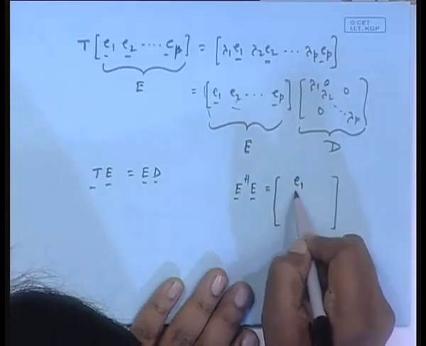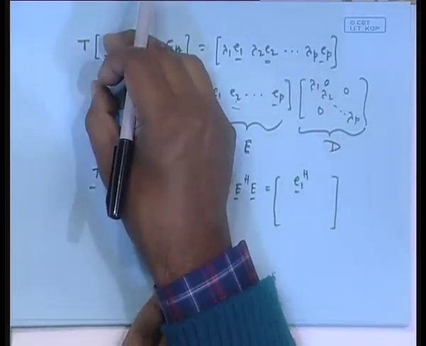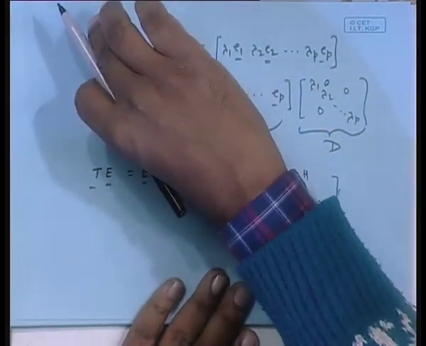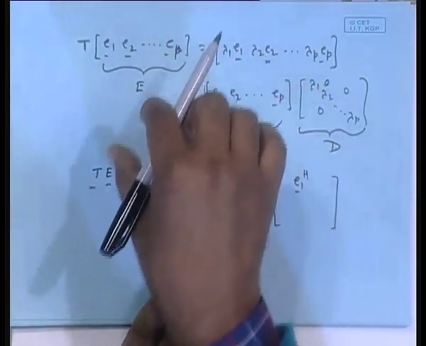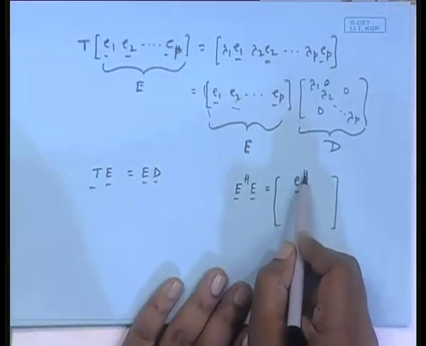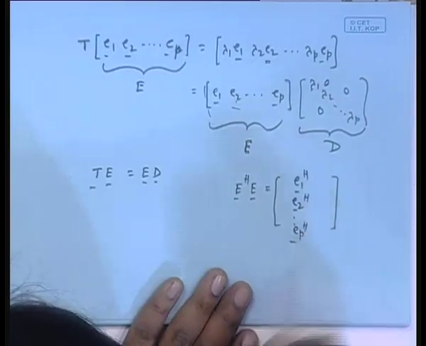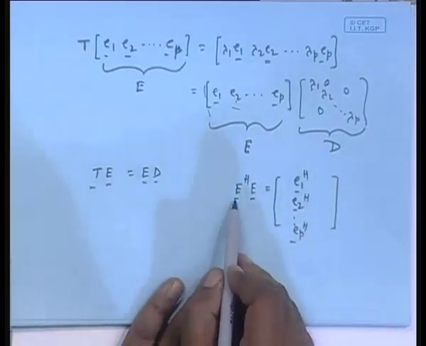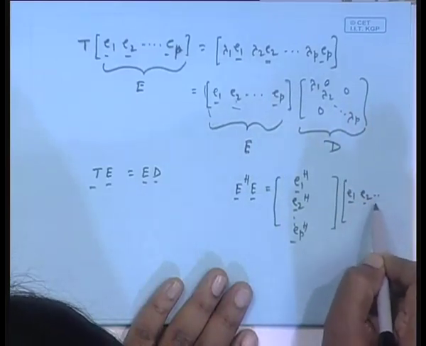So, here you will have E1 Hermitian: you take this first column, it becomes a row and every element is conjugated. That row is nothing but the original E1, Hermitian of that, then E2 Hermitian, dot dot dot, EP Hermitian. That is for E Hermitian, and E is E1, E2 as before, up to EP.